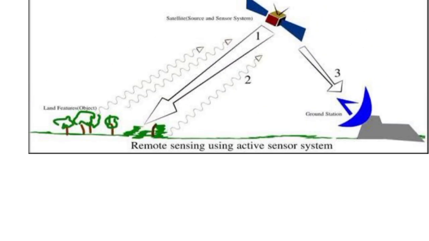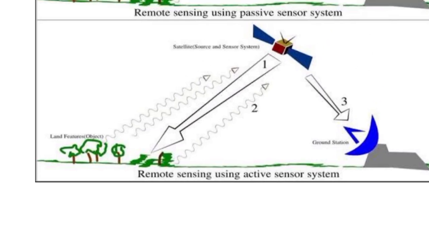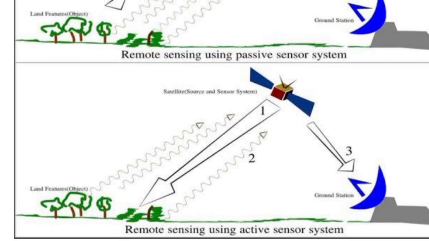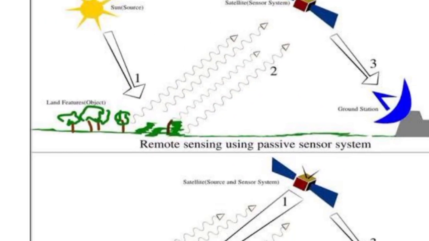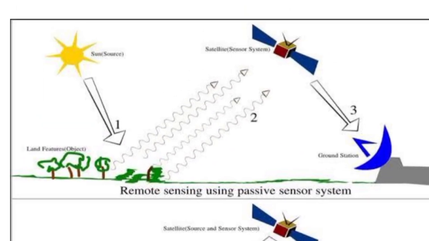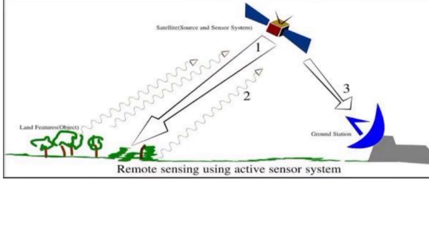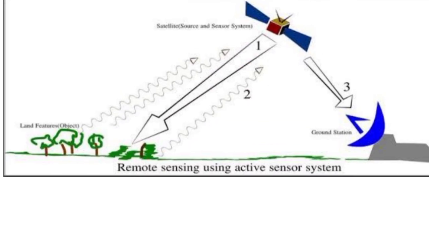Then for the active sensor system, the object reflects the energy back, and it is received by the active sensor. The main difference is that passive sensors use natural energy, but active sensors use their own energy for illumination or any sensing application. So thank you.